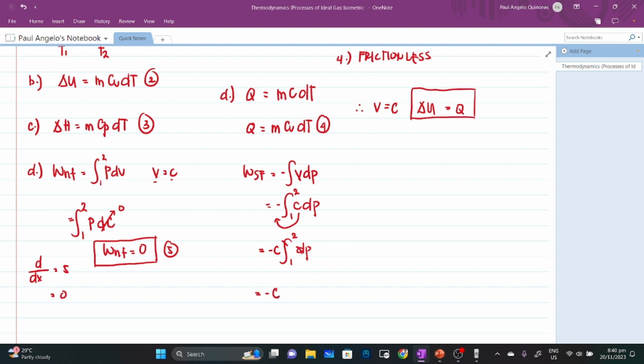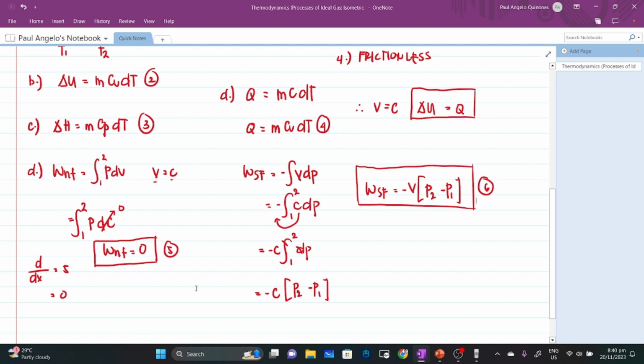We'll have negative C times P2 minus P sub 1. However, we've said that V is equal to C, so let's return it to its original form. We'll write it here. The steady flow work is negative V times P sub 2 minus P sub 1. So this is your equation number 6.